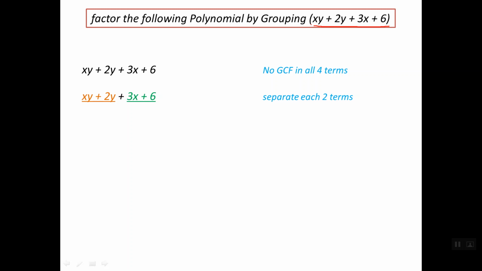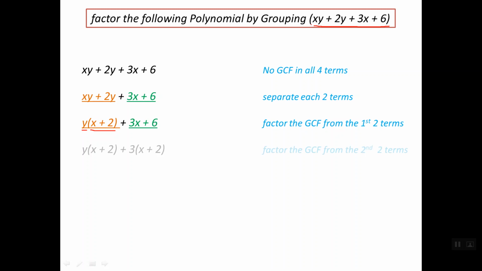So for xy plus 2y we have the common factor which is the y. So the remaining is x plus 2, and we can do the same steps for the second 2 terms.